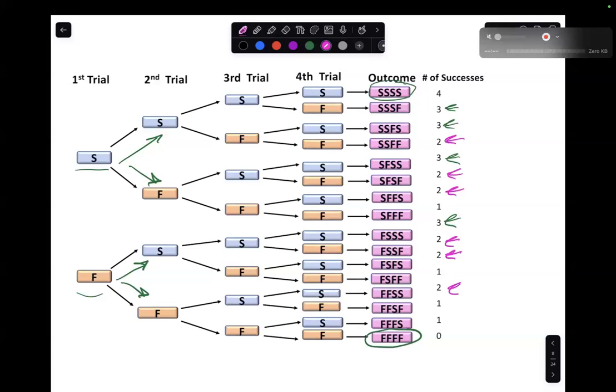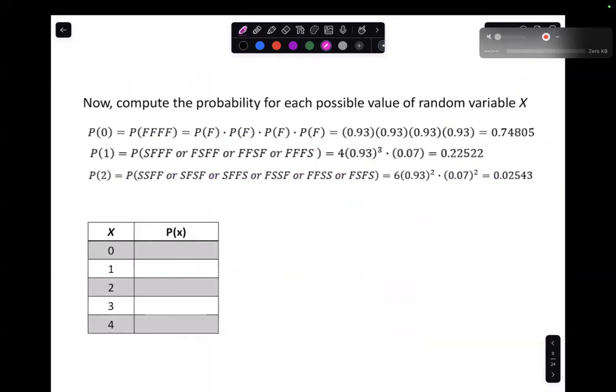This would require a lot of math for us to calculate probabilities with all of these different ways. I'm going to show you on the next screen what that's going to look like. Okay, so take a look here. The probability of getting 0 successes, there's one way. In order for there to be 0 successes, I have to have failure on the first and failure on the second and failure on the third and failure on the fourth.